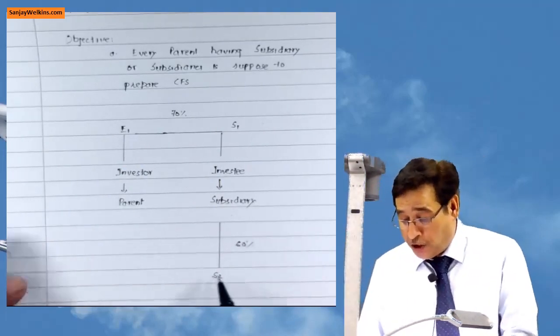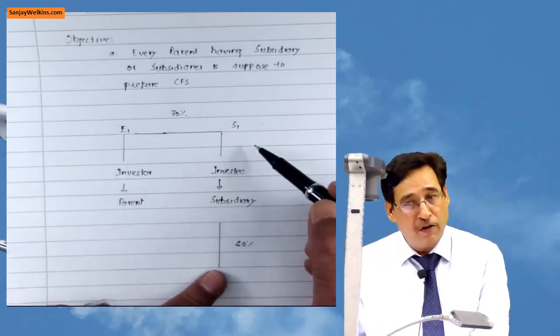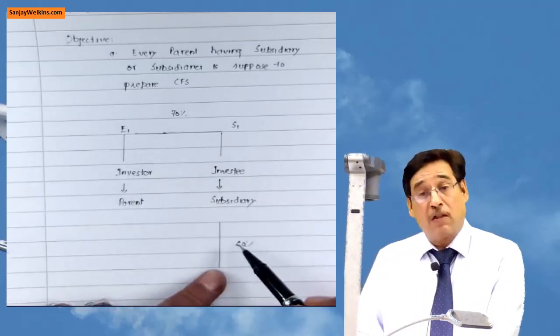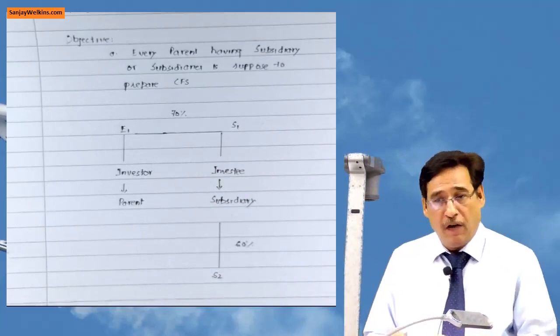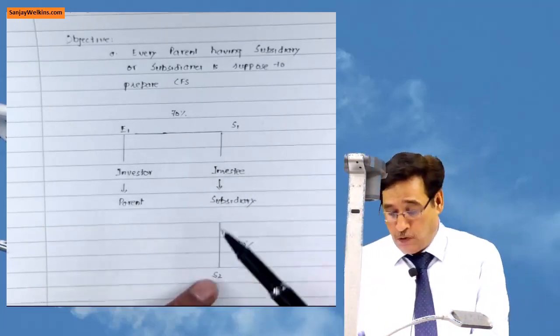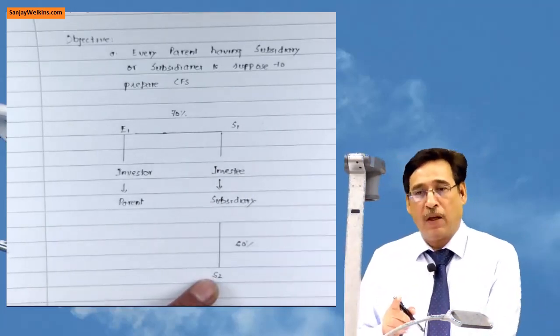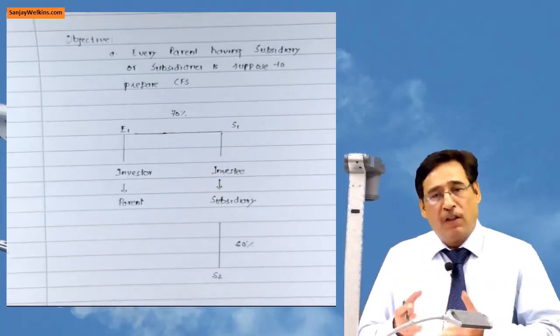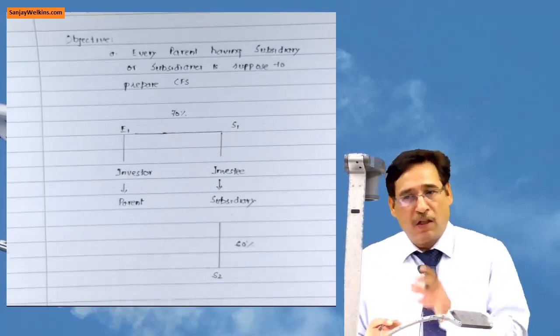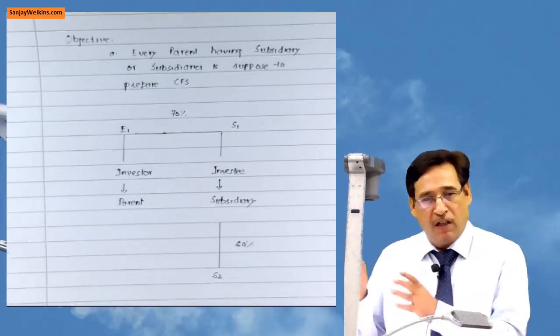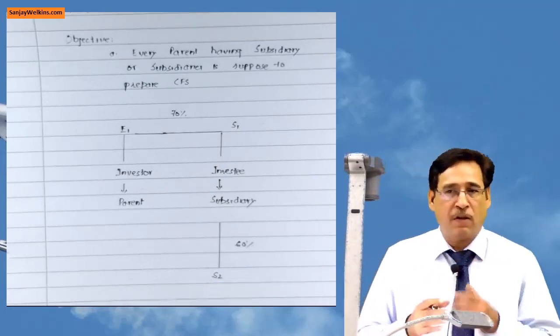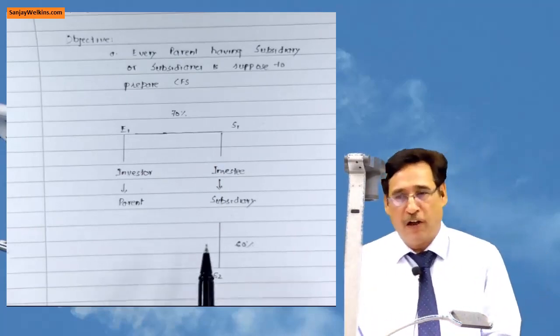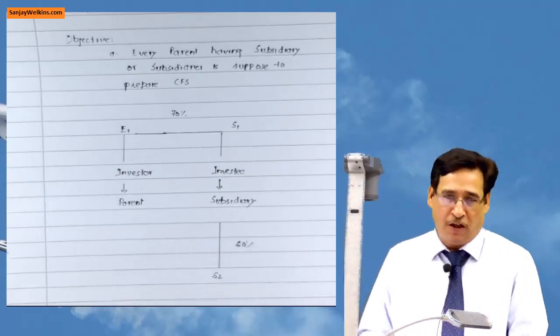Out of its total share capital, 60% is in the hands of S1. Again, 60% is quite a big stake. We presume for a while that S1 has control, because I told you, under IFRS, more than 50% investment is not conclusive proof that we are exercising control, because control has some other elements too, which we are going to discuss at length, but quite later on, correct?